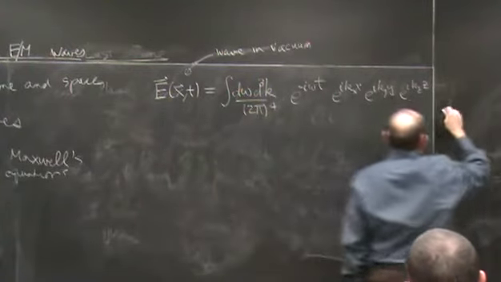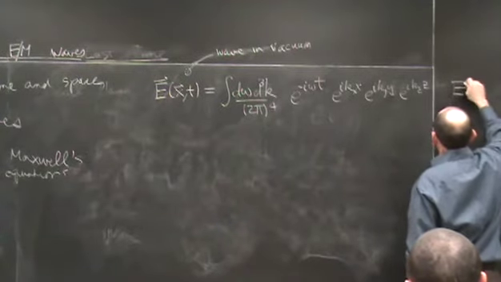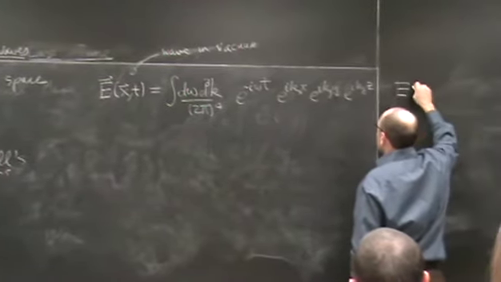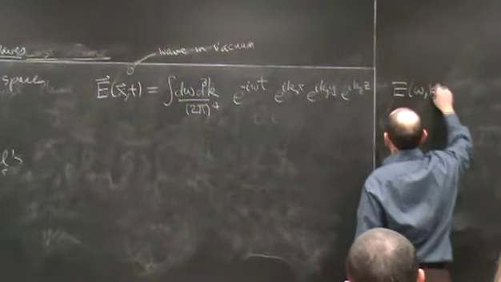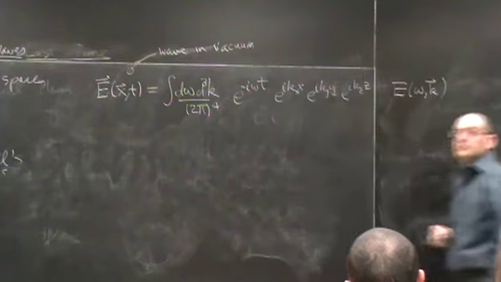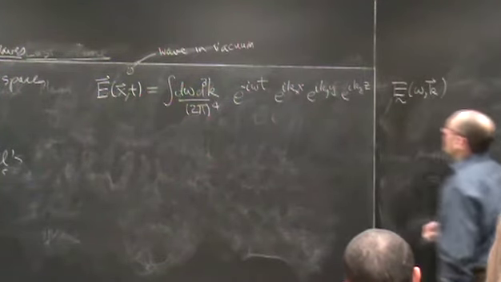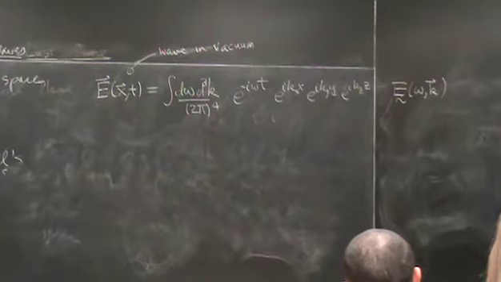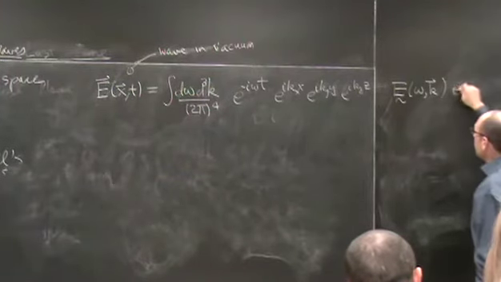So we have some complex amplitude which depends on this particular omega and k. Complex. That's my Fourier transform. However, it's got to be a vector. It can't be a scalar. So we have to stick in a polarization vector.